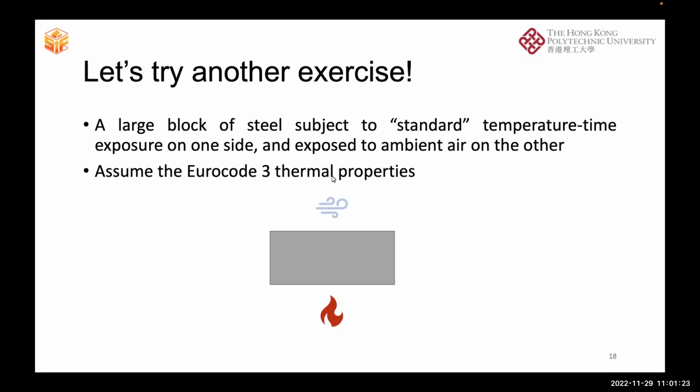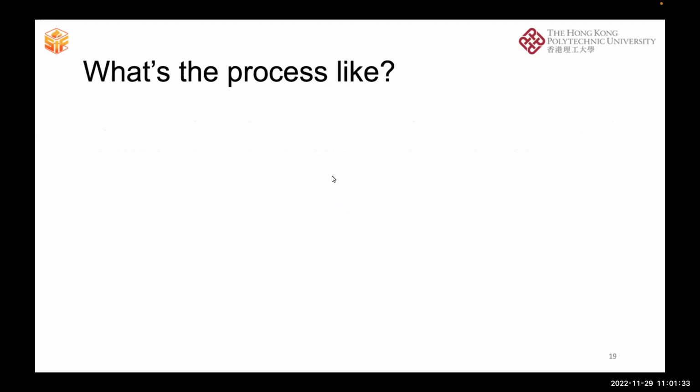And so we're going to work only with blocks, and that's because you can build almost anything from a block. We have more complicated shapes that you can see in our documentation, right? So what is the process like? And we're going to be working with a two-dimensional problem this time.